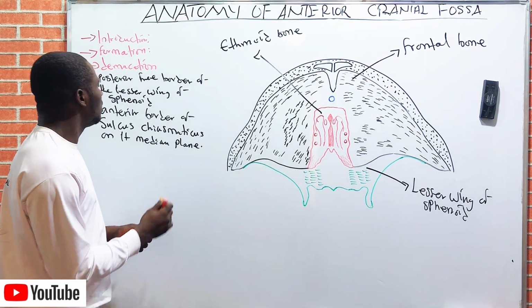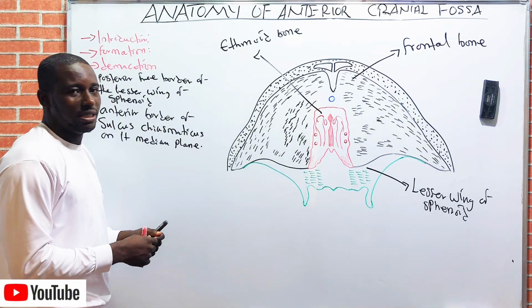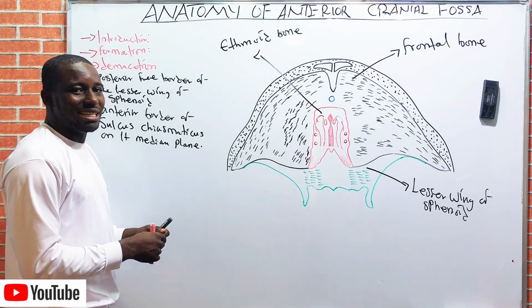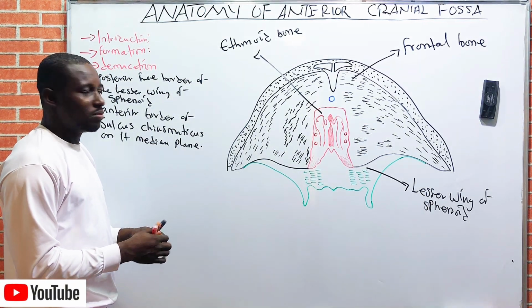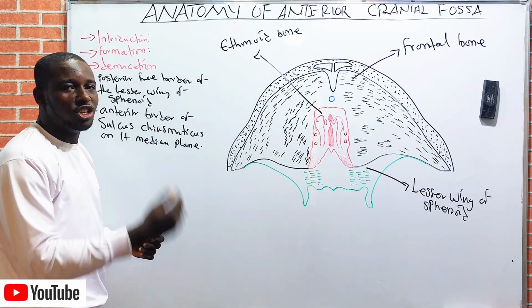But the junction between these two demarcations is marked by a bony projection known as the anterior clinoid process.